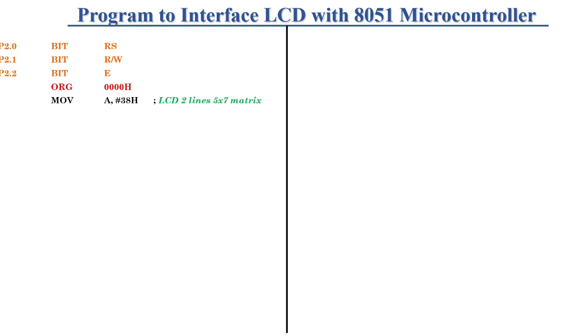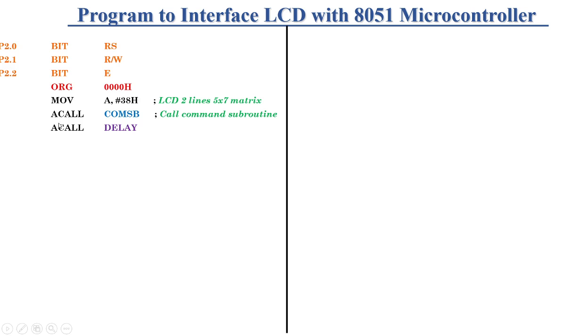So here we are moving the value 38H to the accumulator, and then the instruction ACALL COMSB is nothing but the command subroutine. We are calling the command subroutine, which means this is a command and we have to write it to the LCD to select 2 lines and 5x7 matrix LCD.